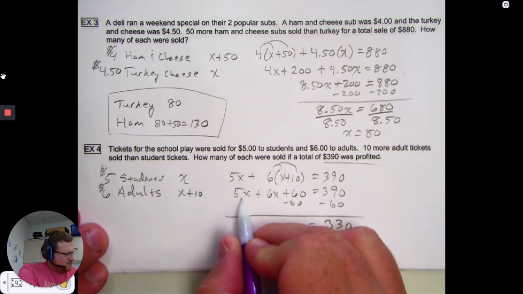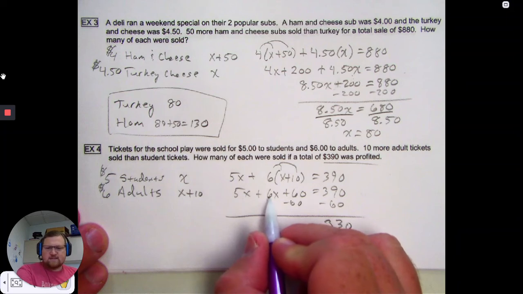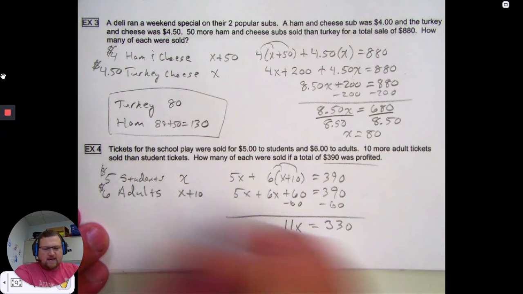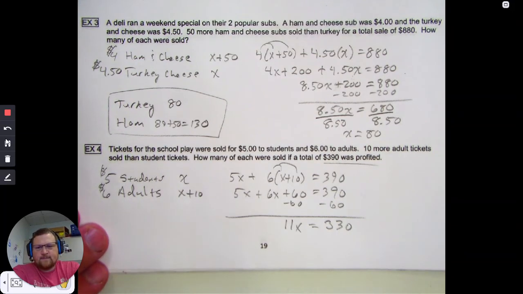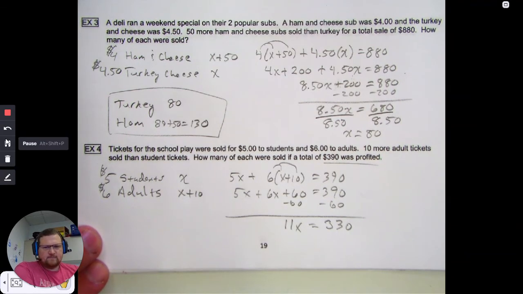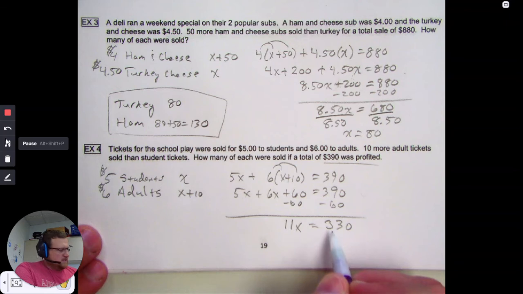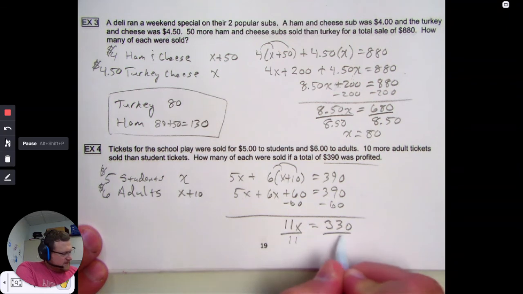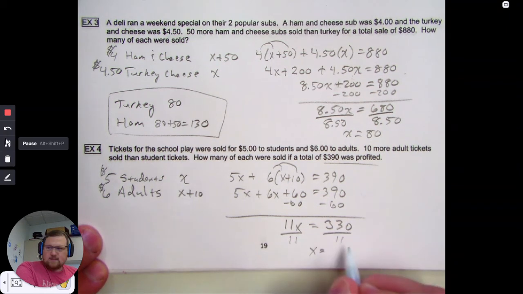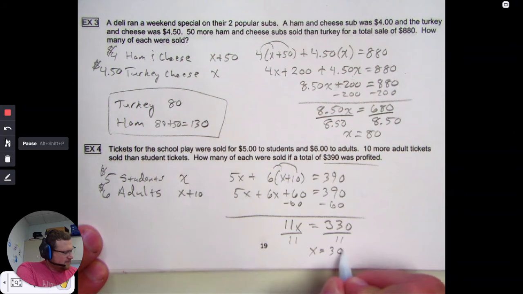And then on this side, we can bring the 5x and the 6x together. So 5x plus 6x gives me 11x. Okay, at this point, we're at 11x equals 330. So if we divide both sides by 11, we get x equals 30.